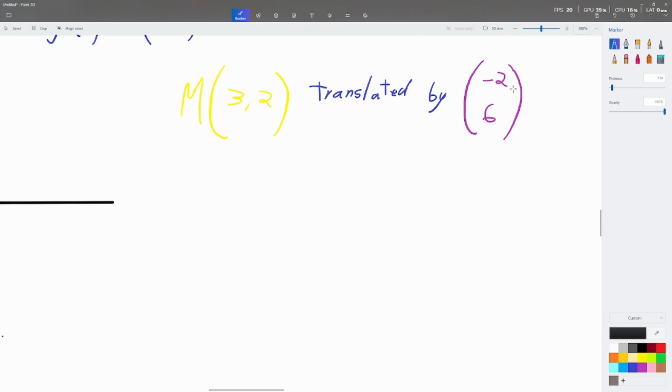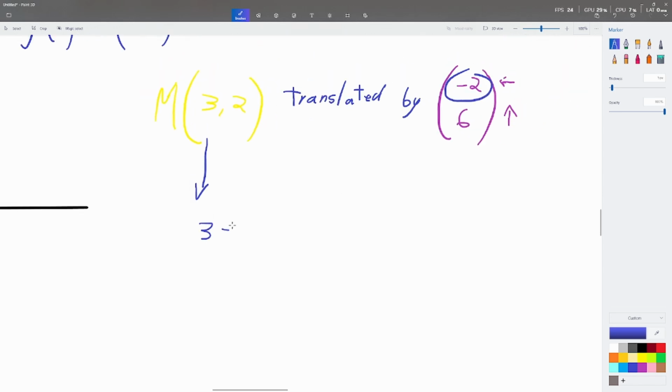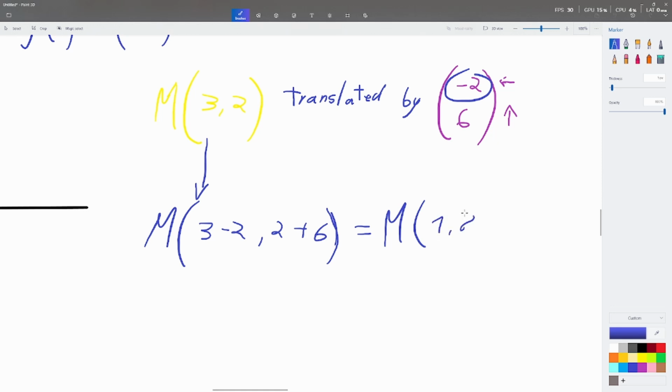You know that it goes 2 to the left and then 6 up. So you take your first coordinate, 3 minus 2, and 2 plus 6. There's nothing else you need to know about this, and your new m will be 1 and 8.